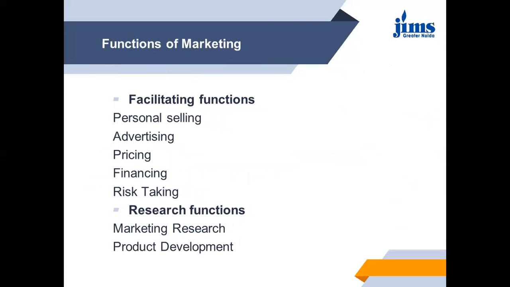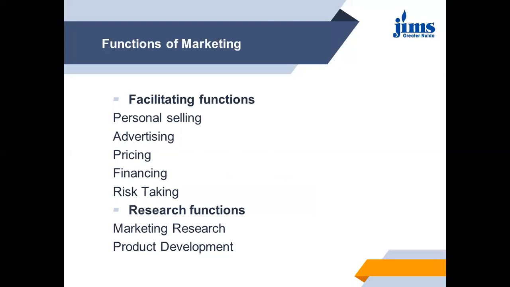As the name says, facilitating functions are supportive functions, and they are very important in making marketing an effective set of activities. So we have personal selling. Personal selling is the face-to-face interaction of a company's representative who goes and meets the customers and tries to persuade them so that the goods can be sold.